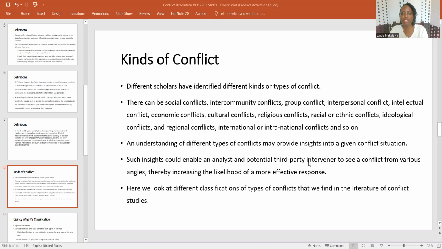And therefore, the chances are you will better be able to help people work out their conflicts, or you will better be able to manage conflict as an individual. So let us go into the different classifications of conflicts. When I talk about classifications, I'm just talking about the different groups of types of conflict that each scholar or author that we are going to look at brought out.